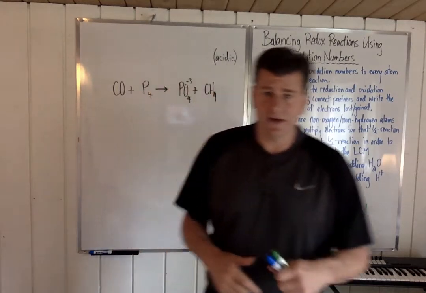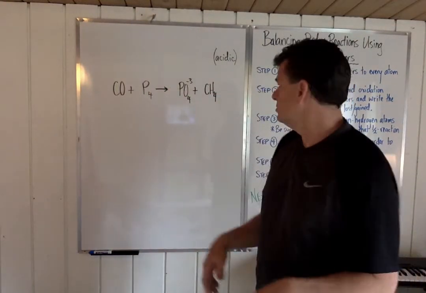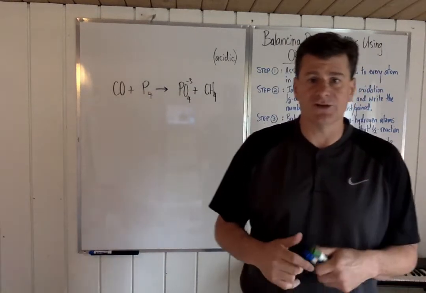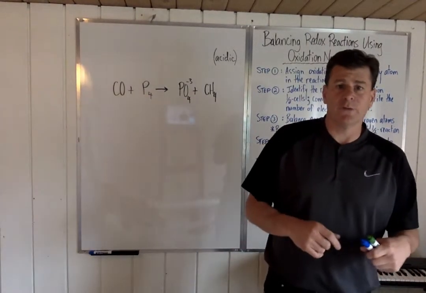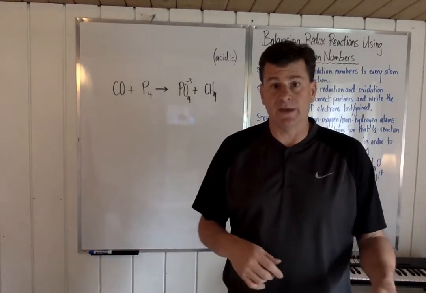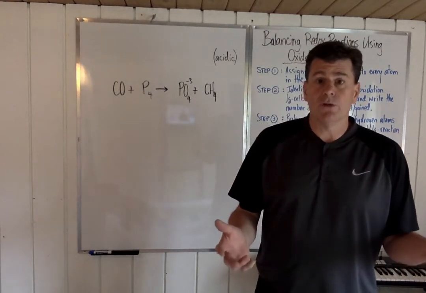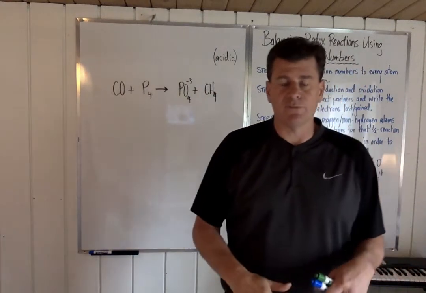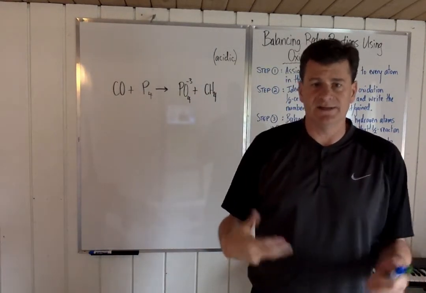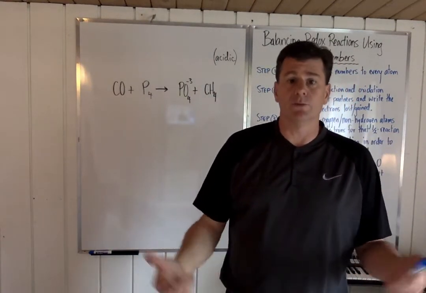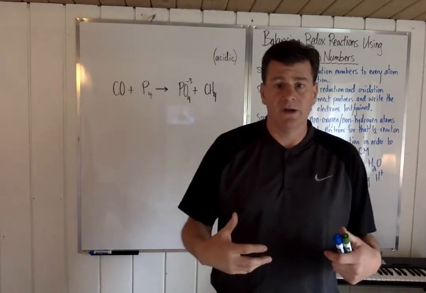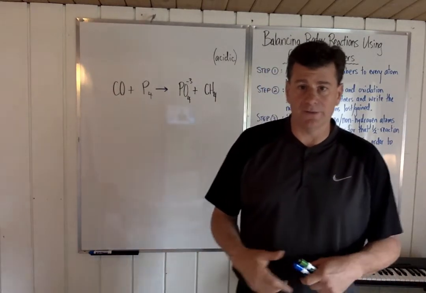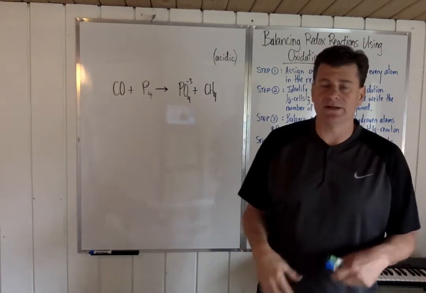The one that I've got up here on the board is carbon monoxide and tetraatomic phosphorus forming phosphate and methane. I wrote this up above because I didn't have room: it means in an acidic environment. So this might be happening within an acidic solution.